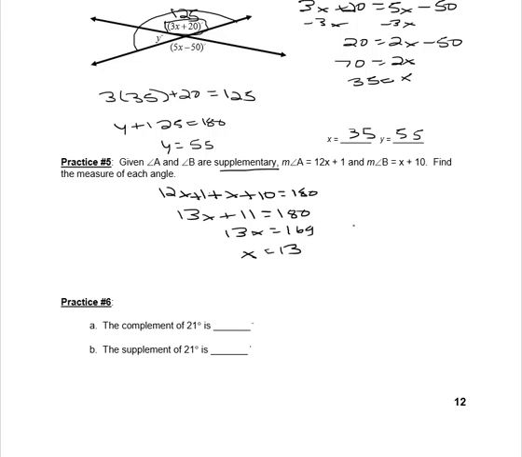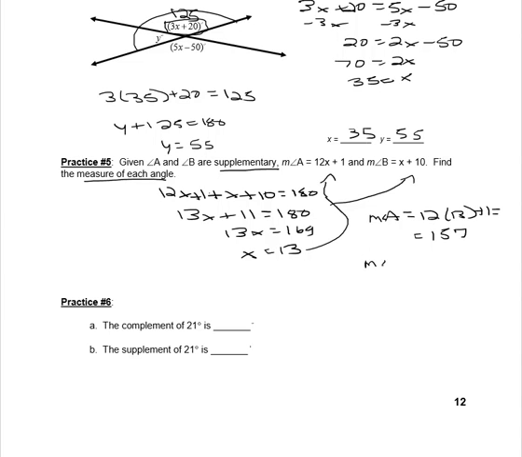So if x equals 13, well, that's great, but now I need to find the measure of each angle. So I'm going to take this 13, and I'm going to plug it in up there, and plug it in over there. So the measure of angle A is 12 times 13 plus 1, which equals 156 plus 1 equals 157.